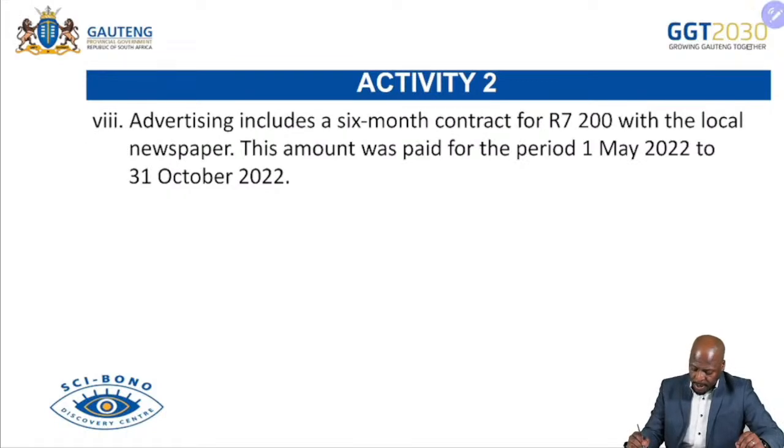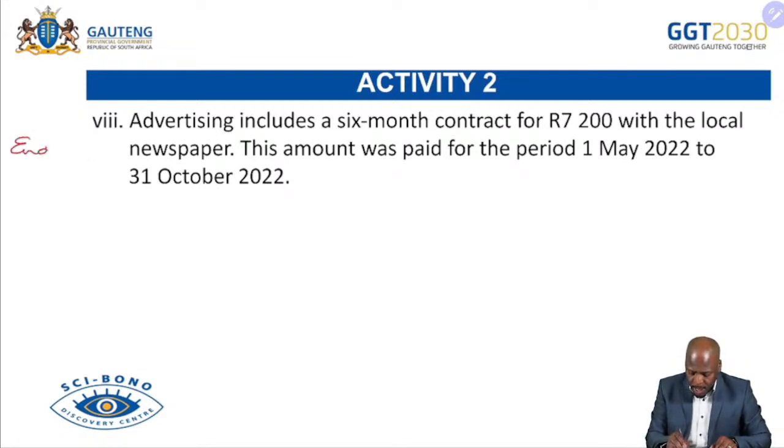Then advertising includes a 6-month contract of 7,200 with a local newspaper. This amount was paid for the period 1 May 2022 to 31 October. So remember, here in this particular question, our financial period ends in June.